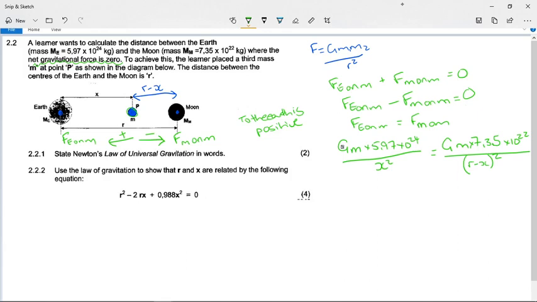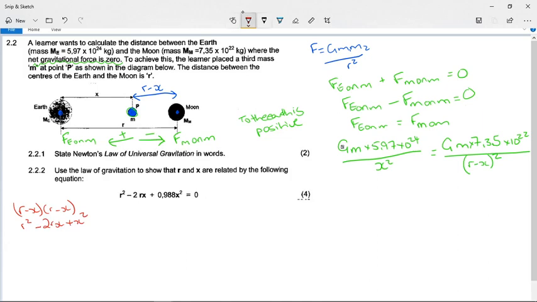So we in actual fact have to make that little quadratic equation. If you think about it, R minus X times R minus X, and by FOIL or whatever you want to call it, it's R squared minus 2RX plus X squared.